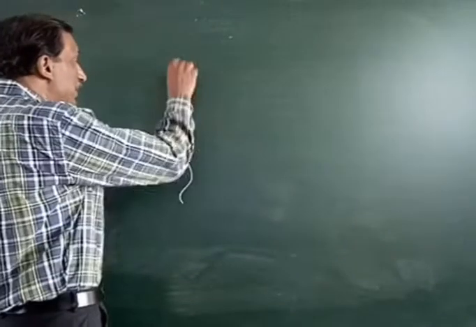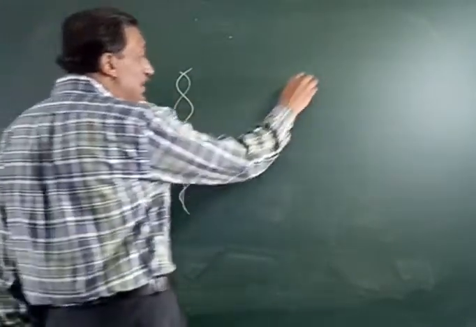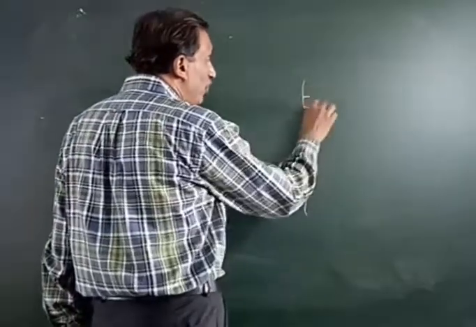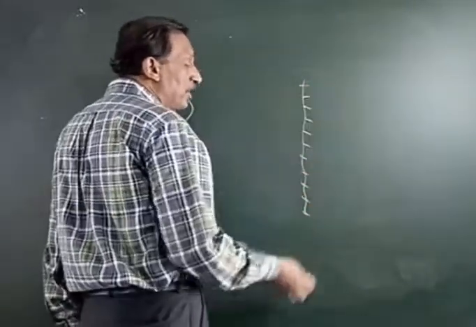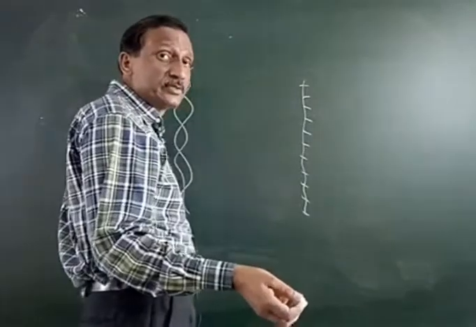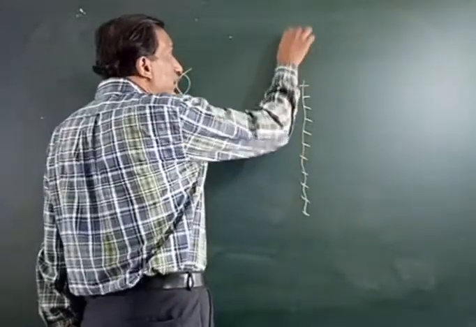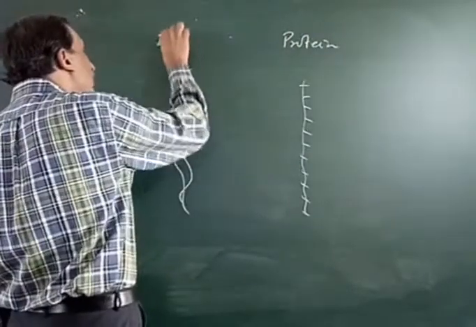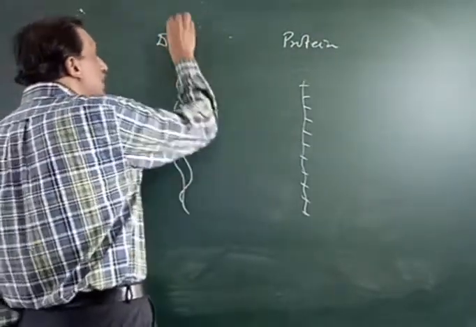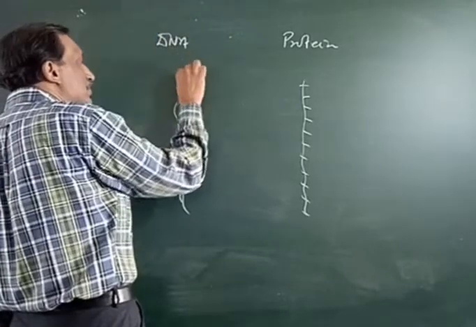Now the question was how a double-stranded DNA will give a single-stranded polypeptide of the protein. A protein may have a number of amino acids. And here is the DNA. DNA is double-stranded, as it is seen here.